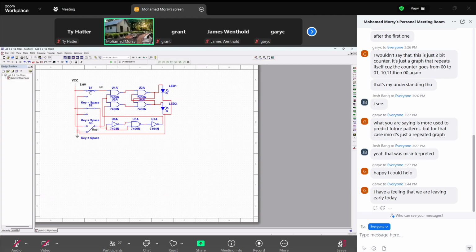So again, S1 represents set, S3 for reset, and S2 for the clock pulse connected or disconnected. Of course, this clock pulse must be connected for the flip-flop to go under operation.